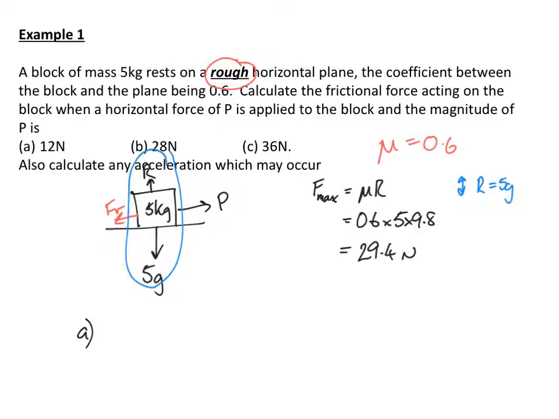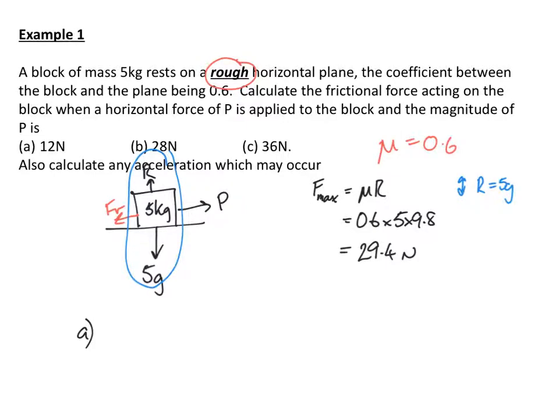That means P is not a big enough force to override the maximum friction. Friction will not overpower P and make the body go to the left, because the maximum value is 29.4.